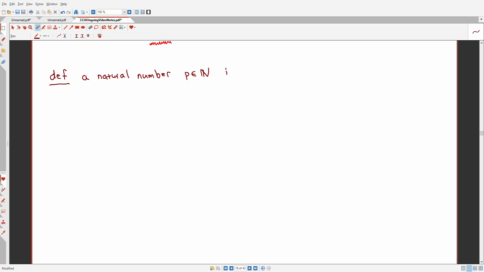A natural number p is a prime number, and I'm going to actually offer you two definitions here. Another way to say it is, I'll just call it is a prime, or is prime. And here's the definition. If and only if, here's the common definition.